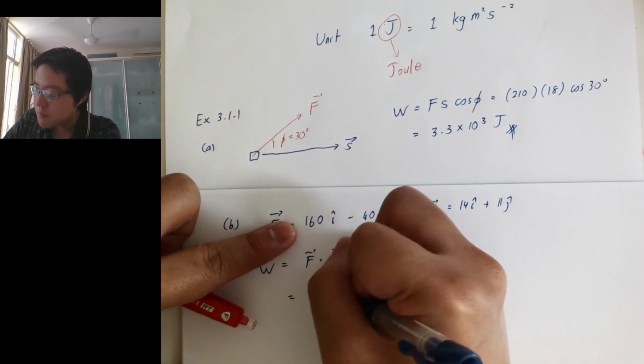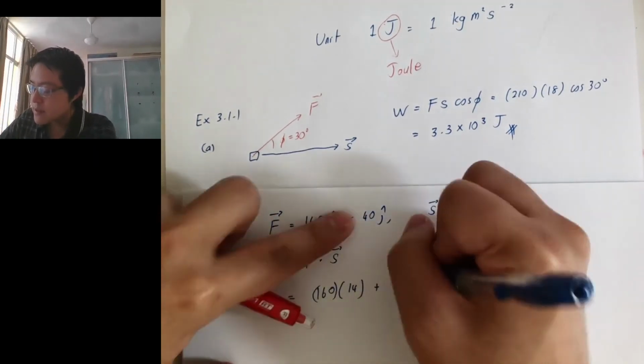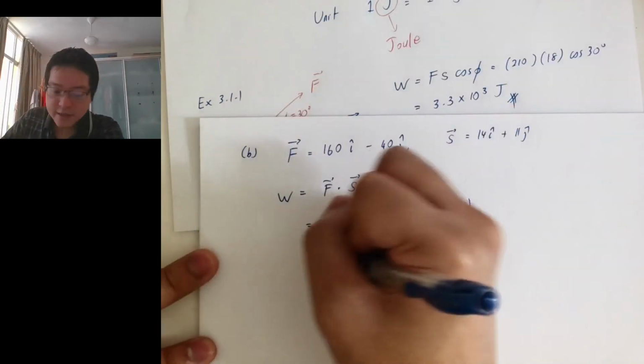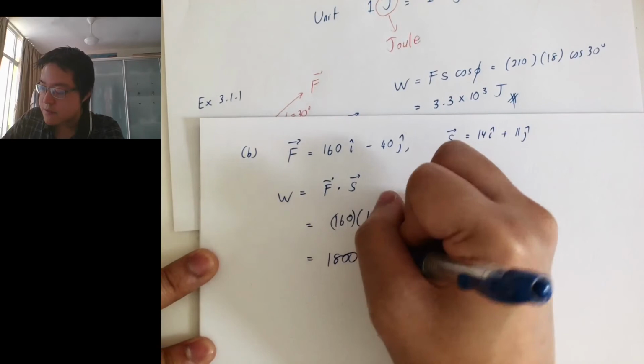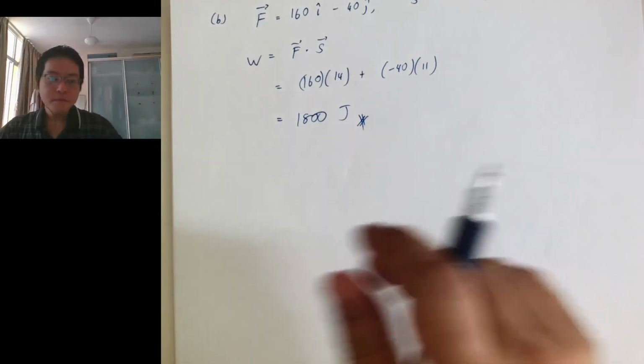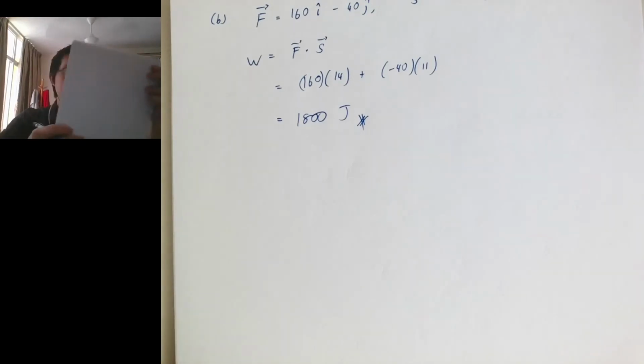If you have the components, it's just 160 times 14, and then minus 40 times 11. If you plug this in, you get 1800 joules. Just like that. So this is the work done in these two situations.